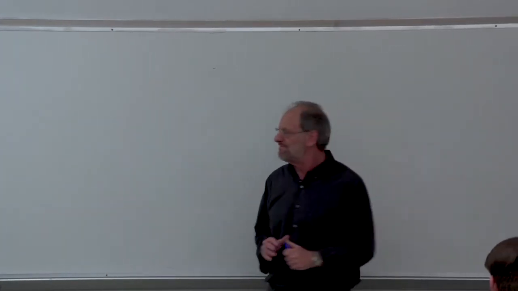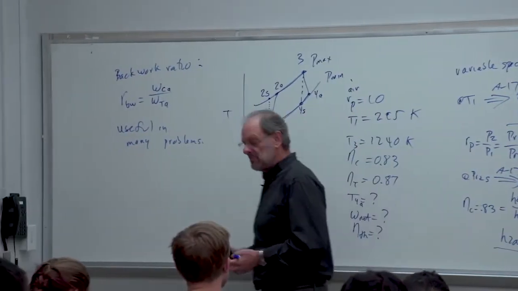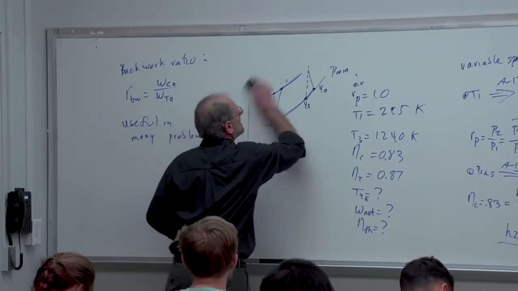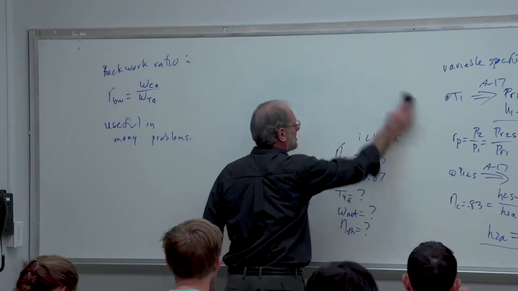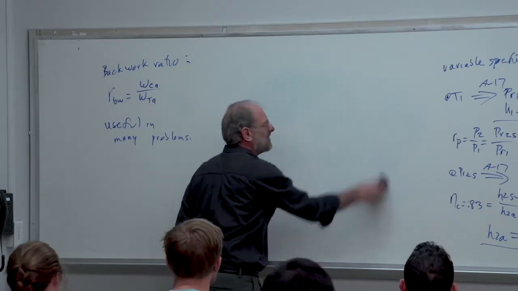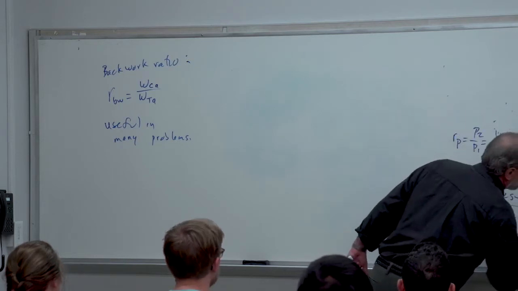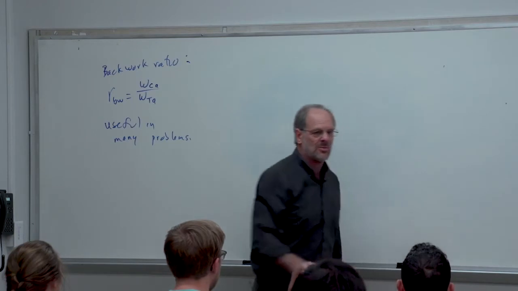So now let's move ahead. We've looked at the simple Brayton cycle, both in the ideal and non-ideal case. Now what we need to do is start making various modifications to the Brayton cycle in order to improve the performance. When I say improve the performance, we're really talking about increasing the thermodynamic efficiency.